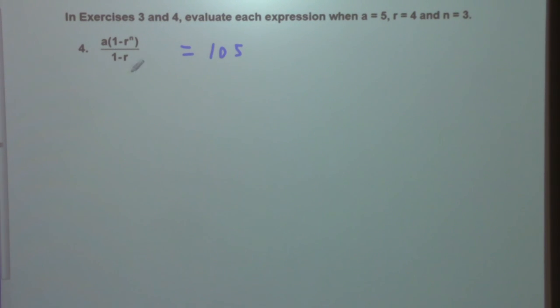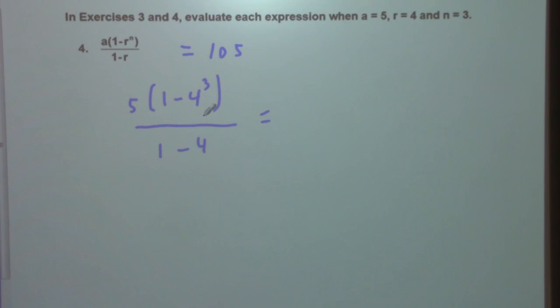And this happens to be what, when we do series in 9.5, we'll be doing formulas, this type of looking formula here. But we have A, which is 5, times 1 minus, and R is 4 to the power of 3, over 1 minus 4.